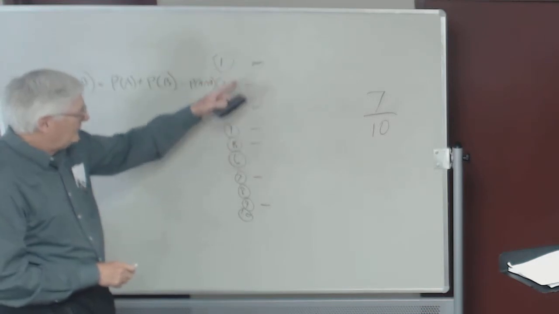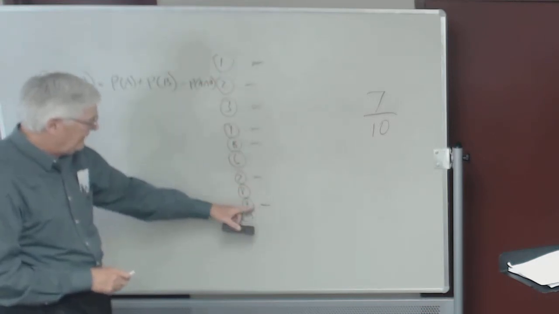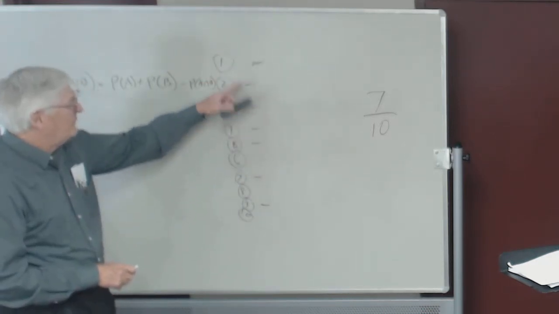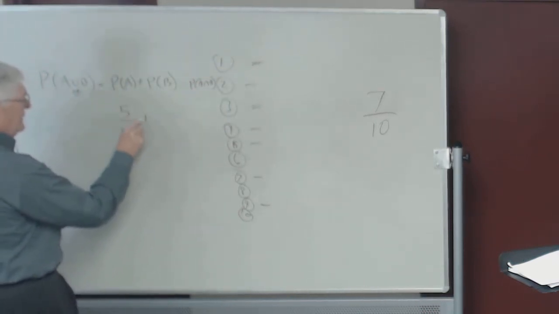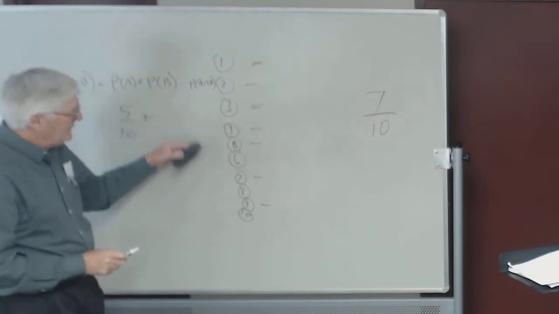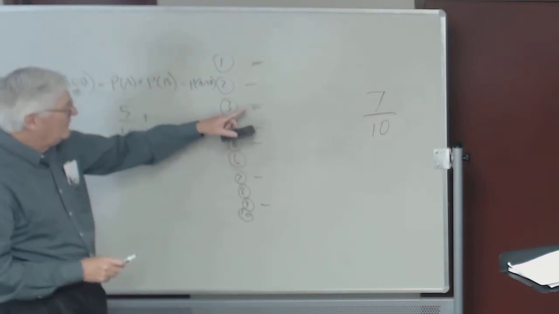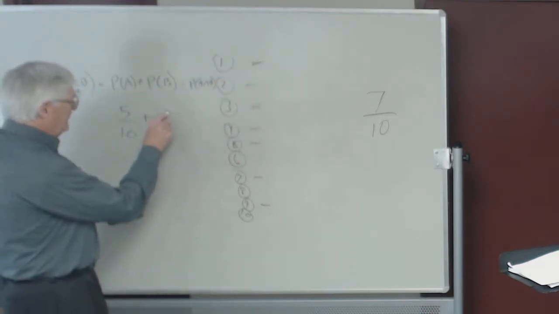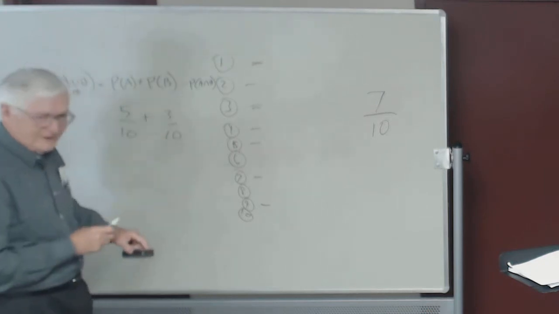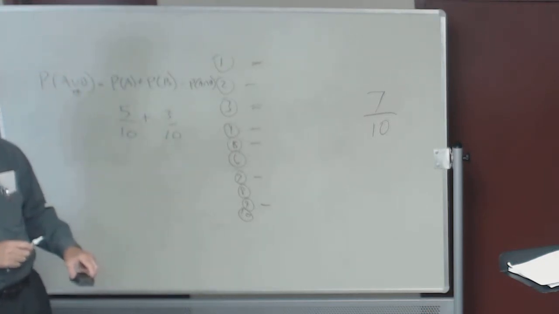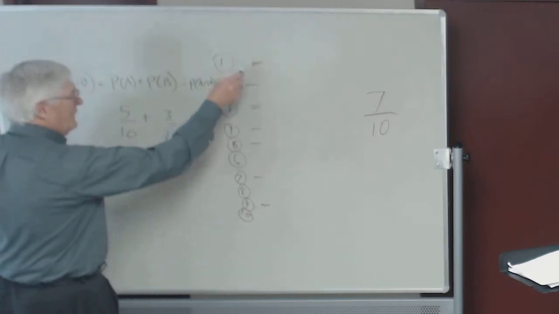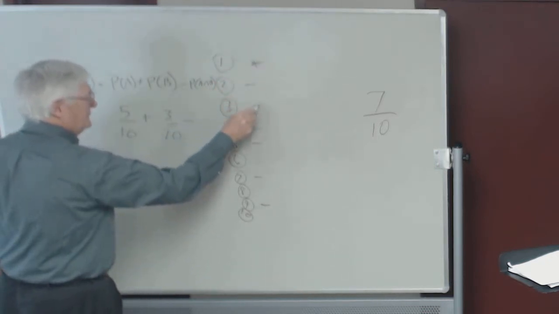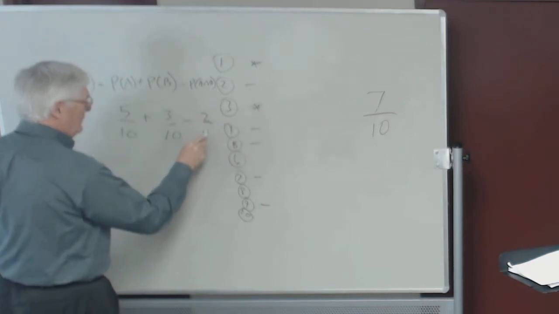Odd number, 1, 3, 5, 7, 9, 5 over 10, plus the probability of B, a number less than 5, over 10. Everybody see that? Then minus the ones that overlap, that would be this one and this one, minus 2 over 10.